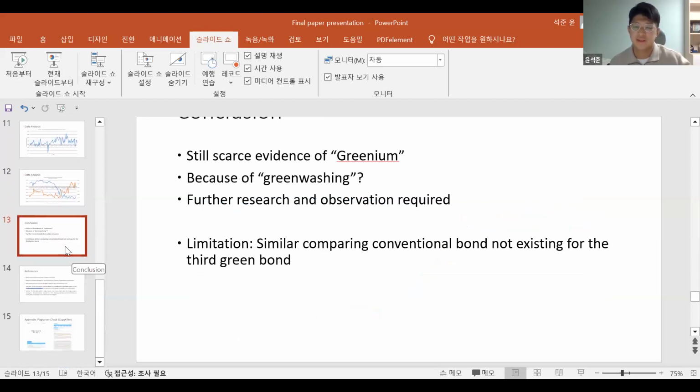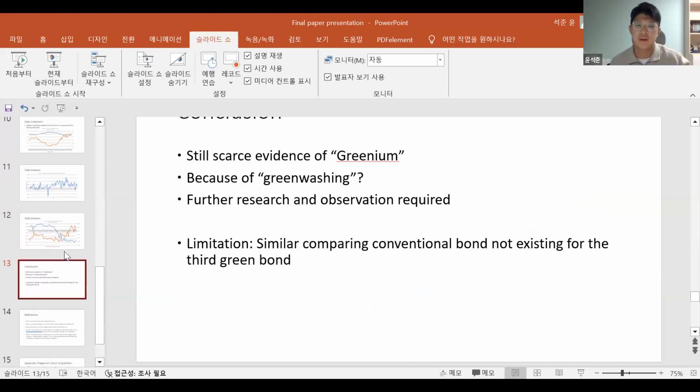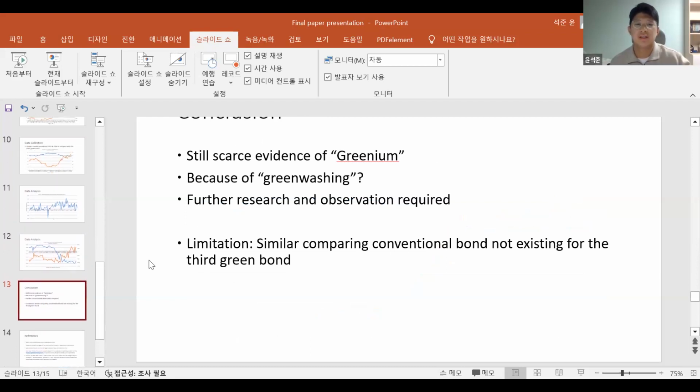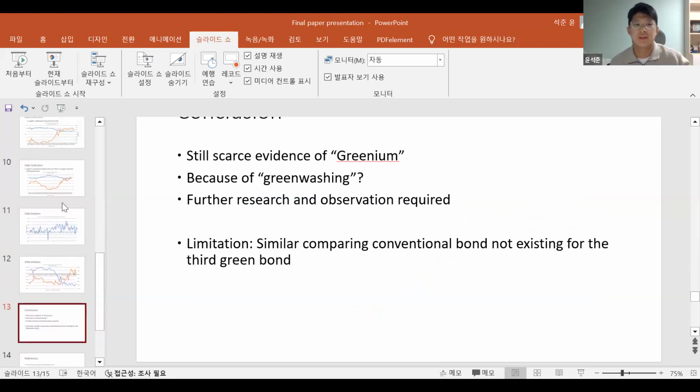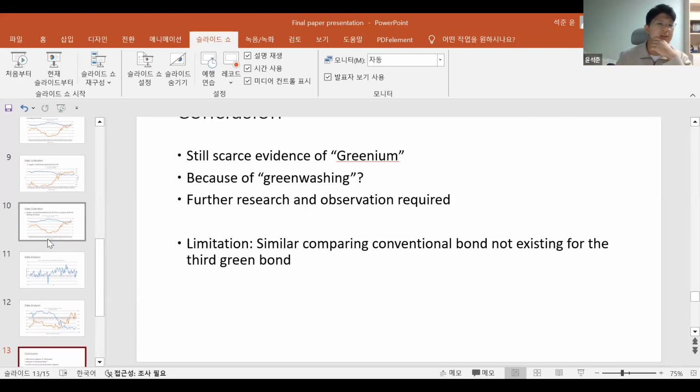So further research and observations are required. But the limitation is that, especially for the third green bond issued, they didn't have a similar comparable conventional bond, because the coupon rate did not match and the issuing and maturity period did not match. So it was an alternative conventional bond used to analyze.